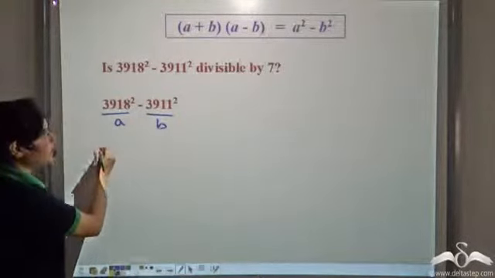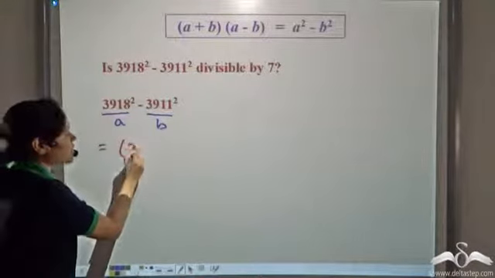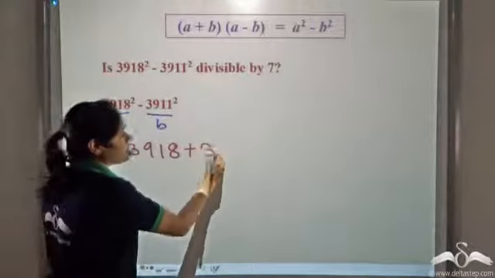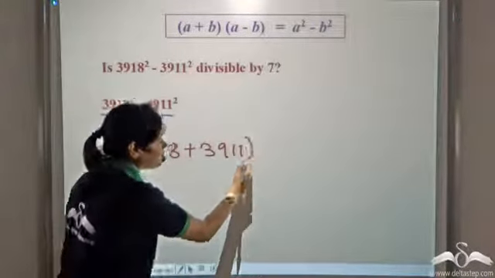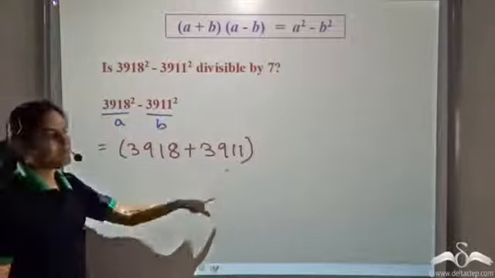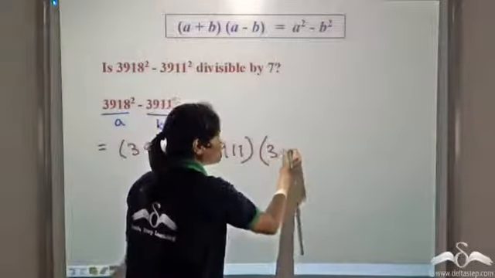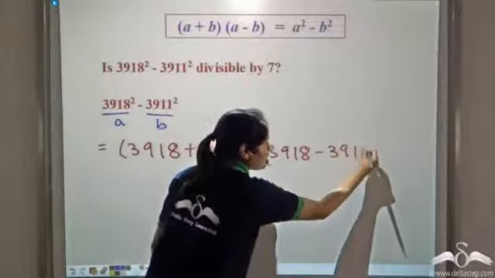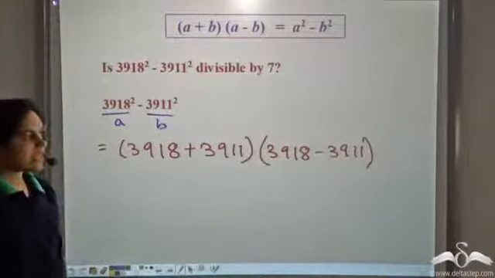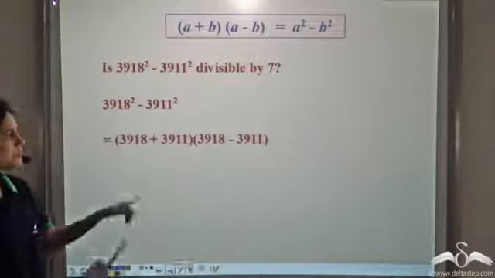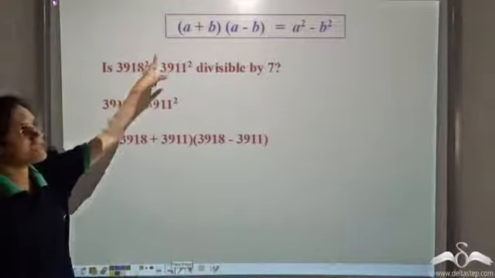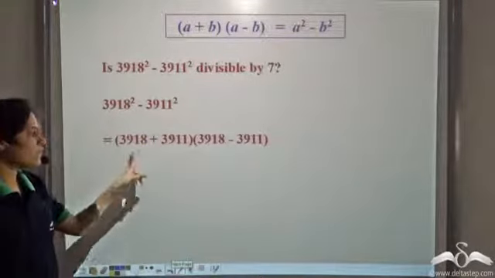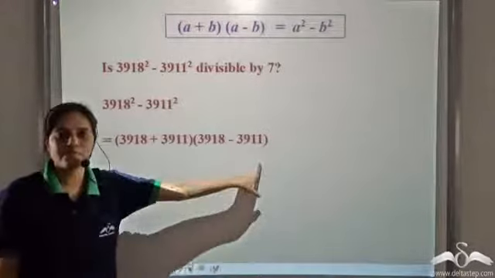So I can write it as A plus B into A minus B, which is 3918 plus 3911 into 3918 minus 3911. So we can have this. This is simply an application of this identity. Instead of A square minus B square, we wrote A plus B into A minus B.